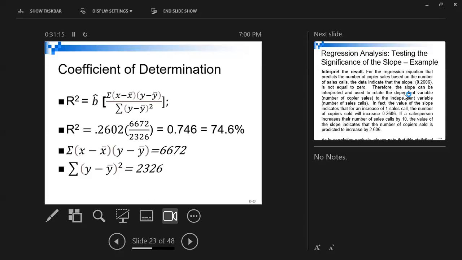The coefficient of determination here is 74.6%, which is to say that nearly 75% of sales is explained by the number of sales calls. That's what this result tells us. And then the remaining 25% is explained by all the other factors that we talked about.